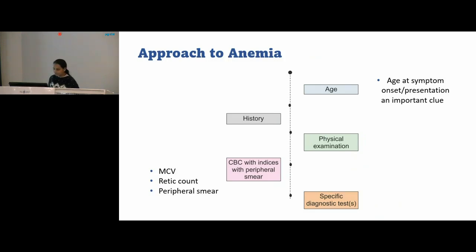And then the physical examination followed by a complete blood profile with RBC indices and peripheral smear is very important, along with reticulocyte count to delineate what could be the cause for this anemia. And then based on your differentials, you can go ahead with your specific diagnostic test to establish your diagnosis.